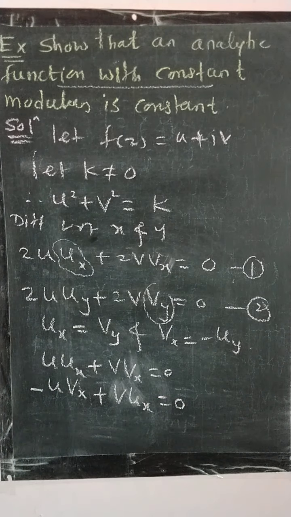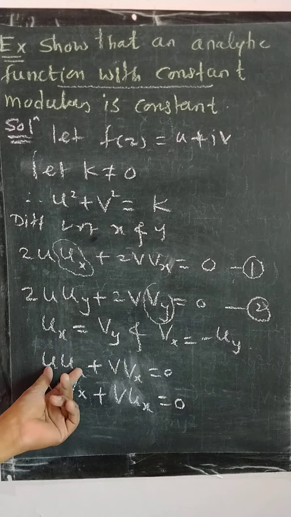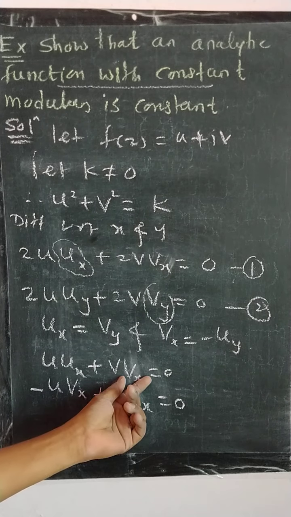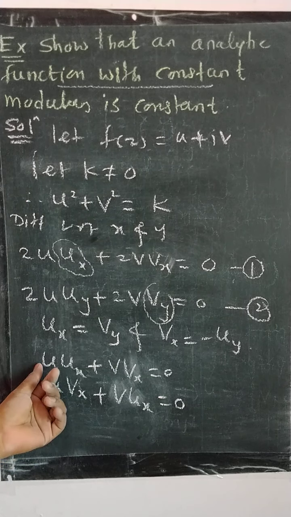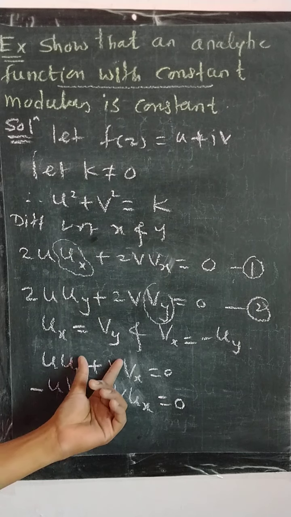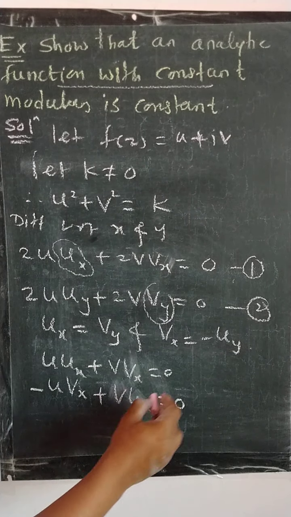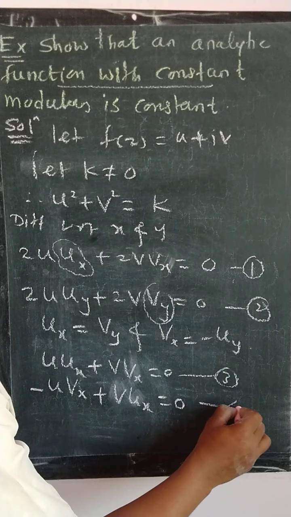Now here we have ux and vx, so when I multiply this with u and this with v, and add, I'll get the value of ux. So suppose this is equation 3 and this is equation 4.